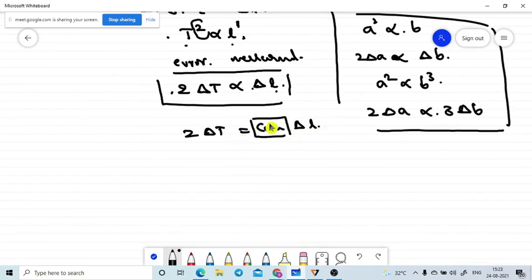Now I am dividing this error with respect to the time and the length, because I am measuring the error of the time period with the initial time period, and the error of the length with the initial length.